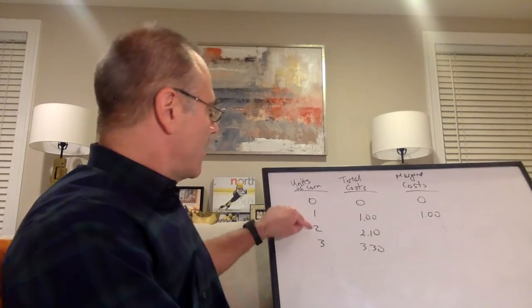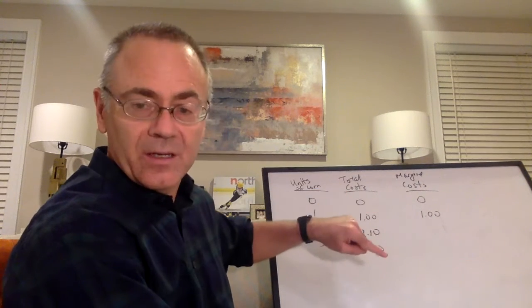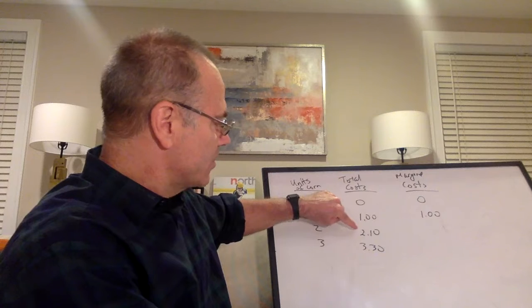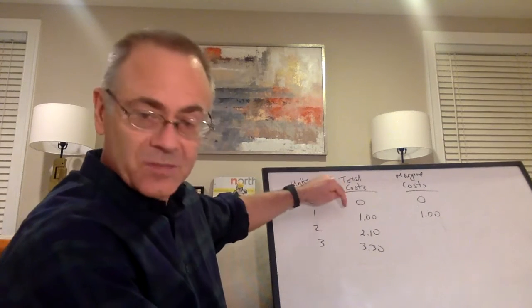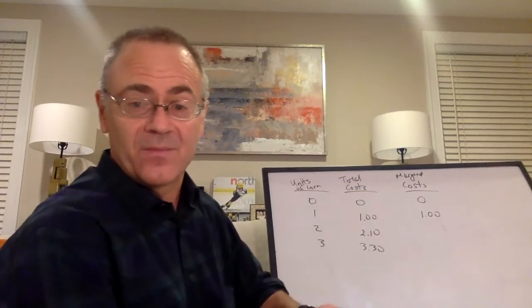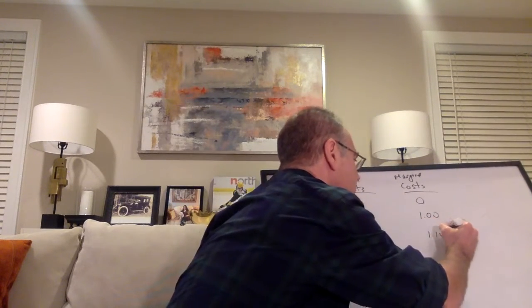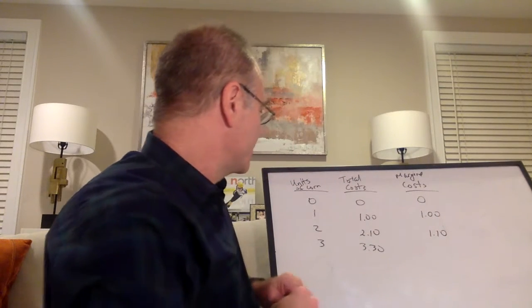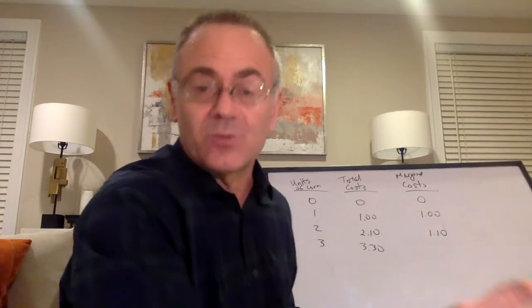Okay. Next, what is the marginal cost of the second unit of corn? The way we figure that is we just look at total cost of 2 versus total cost of 1, do subtraction, and it's $1.10. So another way of saying it, if we're producing 1 bushel of corn and we want to go up to 2, how much will that second bushel of corn cost?